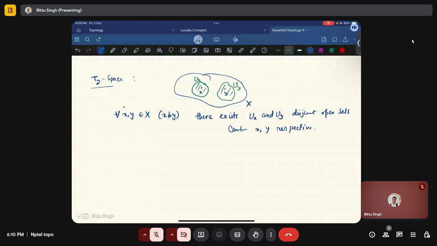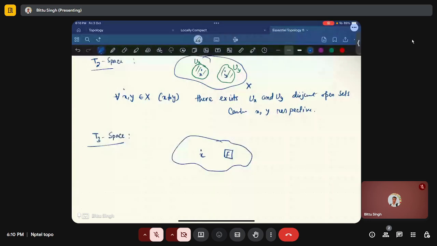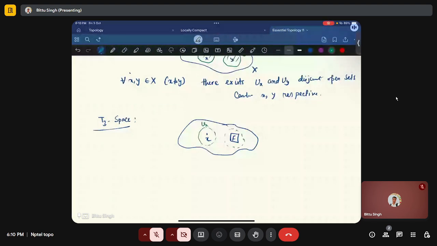Now instead of considering two distinct points, we'll consider a point and a closed set F. Our demand is that there should exist an open set U containing x, and another open set V, disjoint open sets containing x and F respectively.